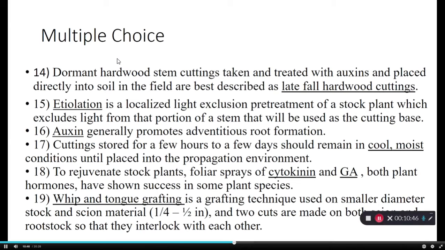Going on to our next two, 19 and 20, it's a description of some of the grafting techniques we went over right before the exam. And the first one here on number 19 is a whip and tongue graft. That is a description of the whip and tongue graft.